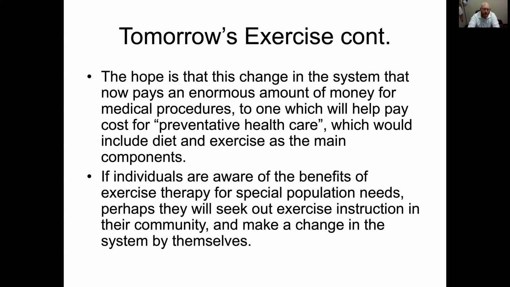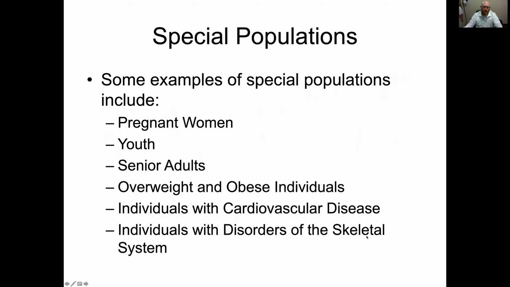If individuals know that there's exercise therapy benefits for special populations, then maybe they'll seek out instruction in their own community and make a change in that system. That's what we hope for.